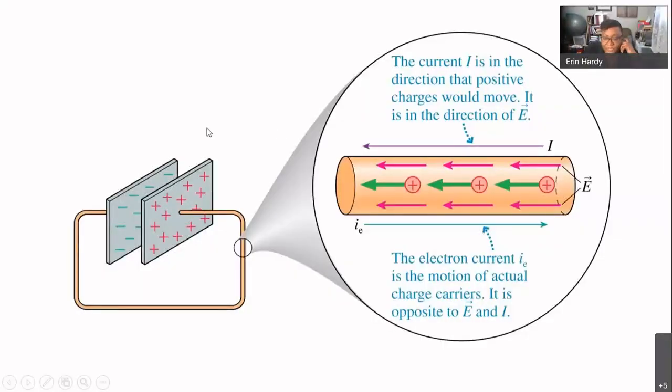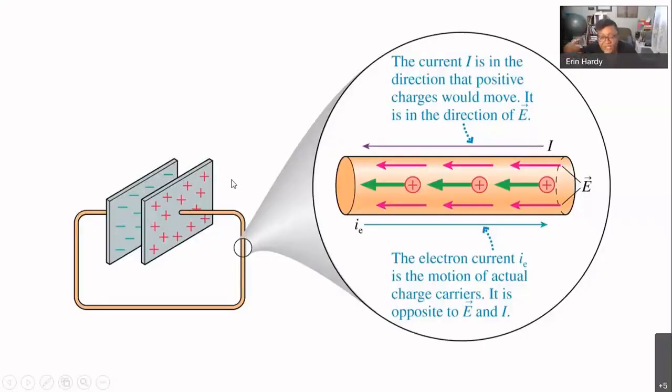Once I connect these two plates of the capacitor, I know that the negative charges are going to start working their way through this loop counterclockwise, so that the magnitude of the charge on the opposite plate goes from being a large positive eventually to having zero net charge, so an equal number of positives and negatives. I can imagine that these negative charges moving counterclockwise behave exactly the same way that a positive charge would if it were moving clockwise through this loop.